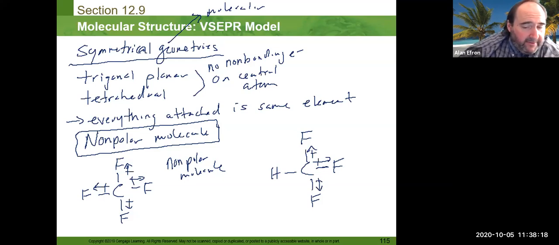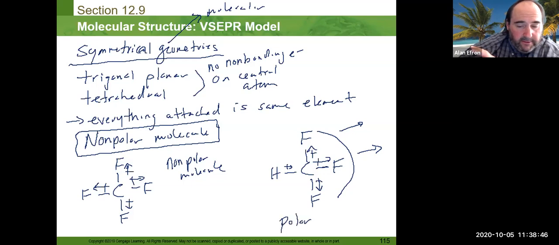So what we have now is these three pulling this way, and our carbon-hydrogen bond really not pulling the other way. It actually is helping a little bit this way, to be honest with you. And what you end up having is everybody pulling or pushing in the same direction, and you can visualize the whole thing moving. This will then go from a nonpolar molecule to a polar molecule in this case.